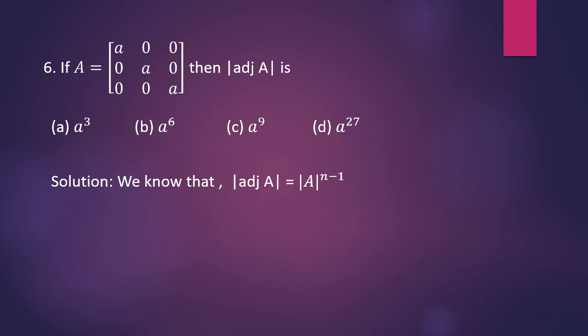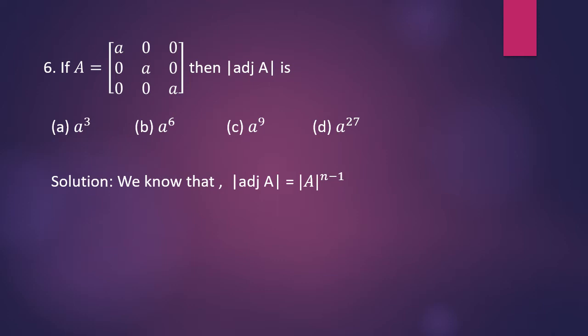So determinant of adjoint A. First I have to find out what is the determinant of A. This is a scalar matrix. Scalar matrix means it's a diagonal matrix where all the diagonal elements are same.